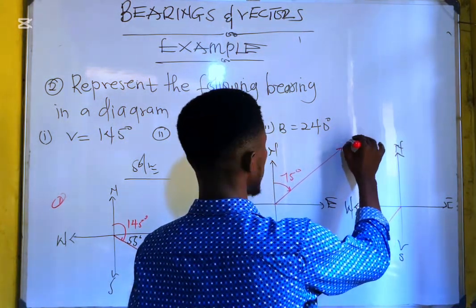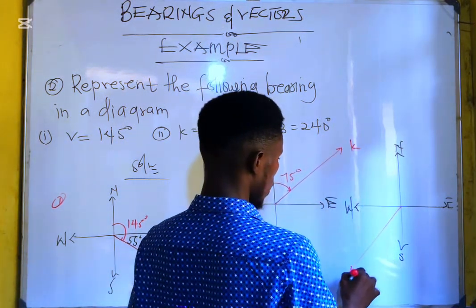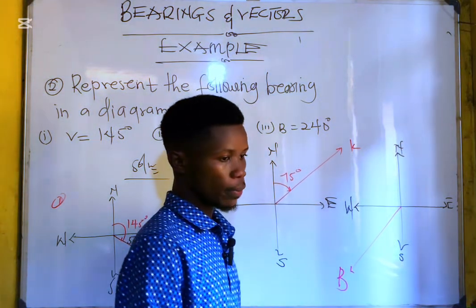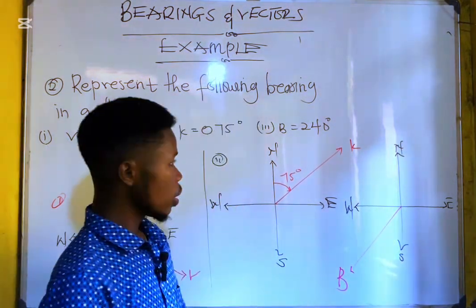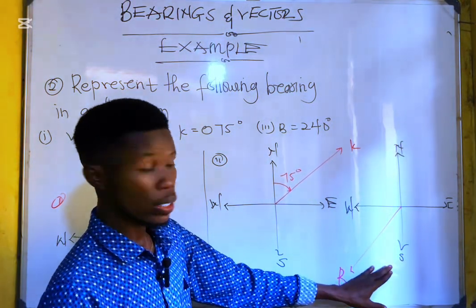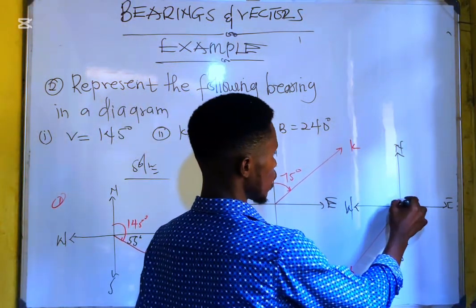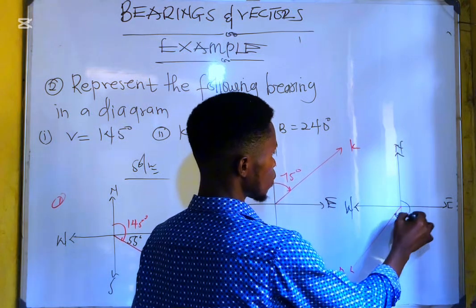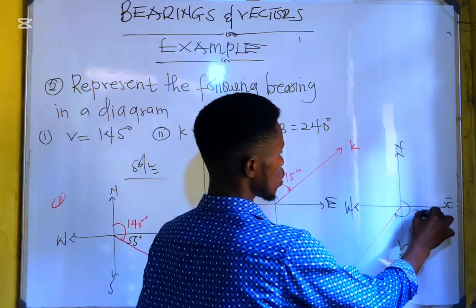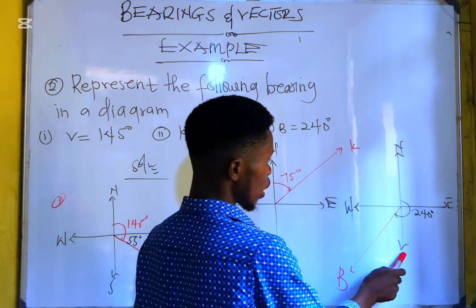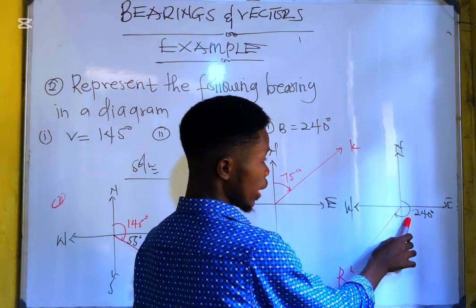You draw the line there and you name it B. Okay, very good. If you name this one B, now you want 240. That means it starts from here up to this place. That's 240 degrees. But we all know that from north to south is 180.